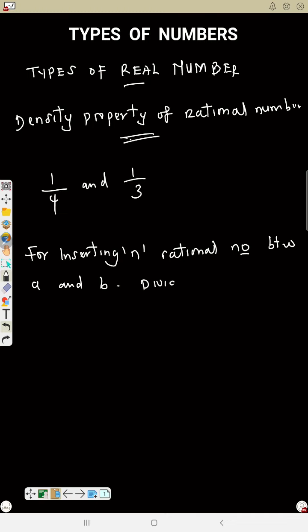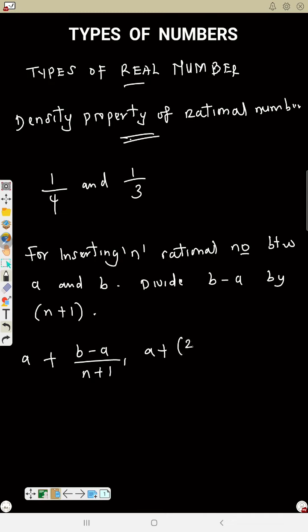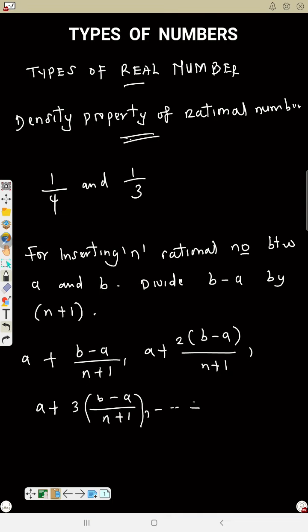Divide b minus a by n plus 1, and then the required rational numbers will be a plus (b minus a) over (n plus 1), a plus 2 times (b minus a) over (n plus 1), a plus 3 times (b minus a) over (n plus 1), and continue, up to a plus n times (b minus a) over (n plus 1).